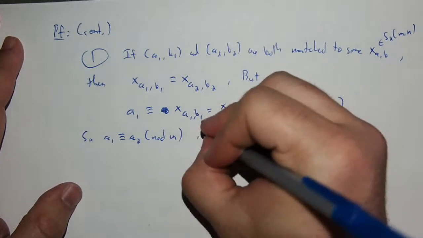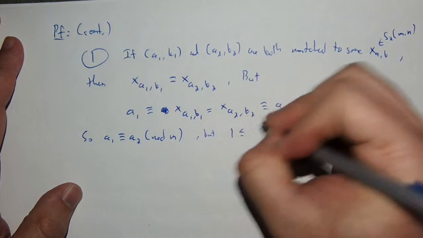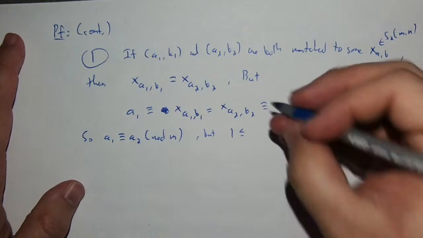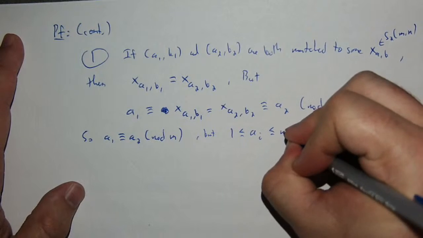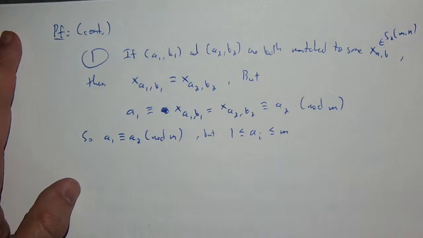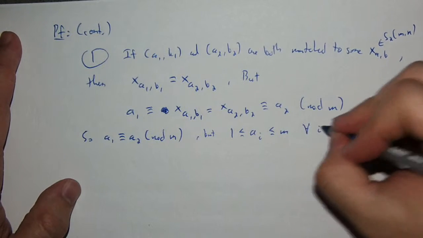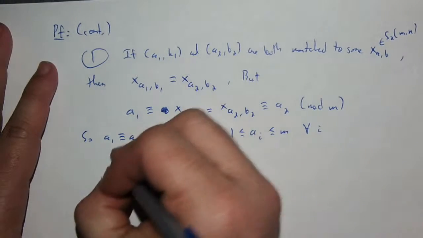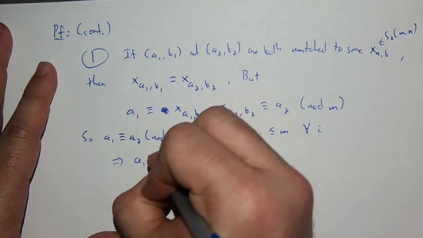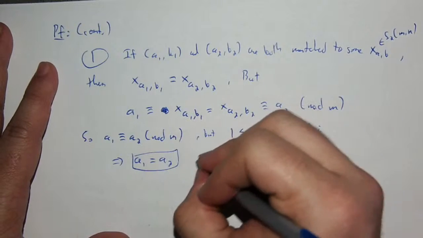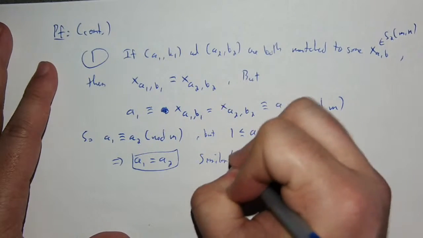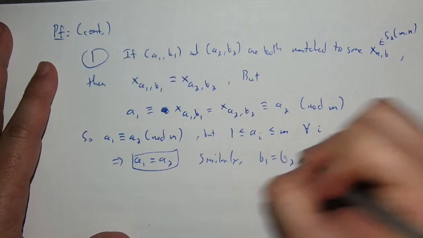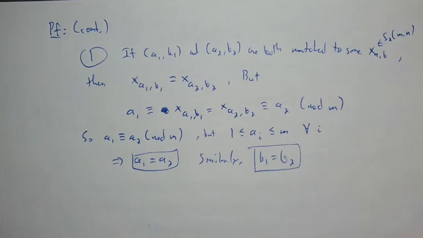But 1 is less than or equal to a sub i is less than or equal to m, for any i. There's only two choices here, 1 and 2, but the idea is both of them are between 1 and m, so they actually have to be equal if they're congruent mod m. So a sub 1 is equal to a sub 2. And similarly, b sub 1 is equal to b sub 2 using the other congruence.